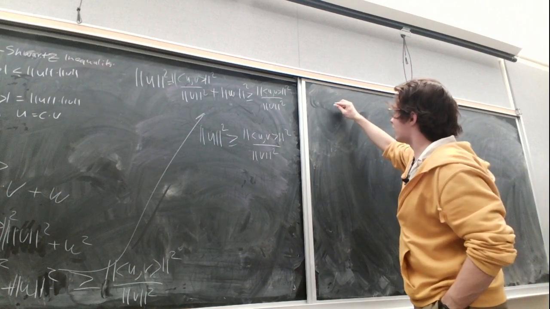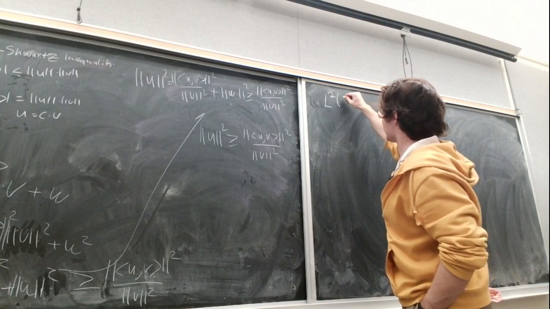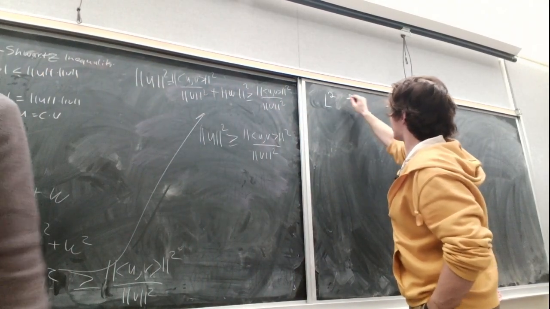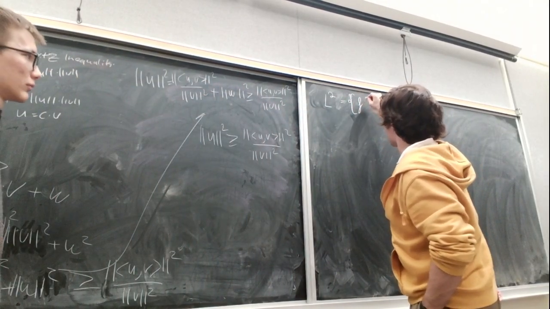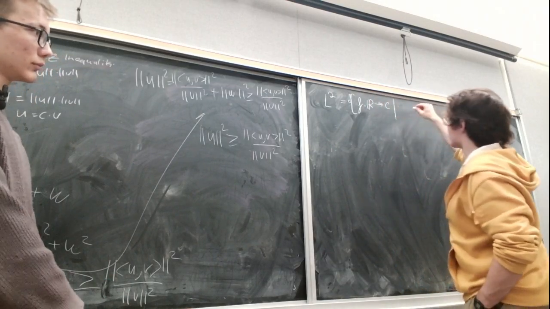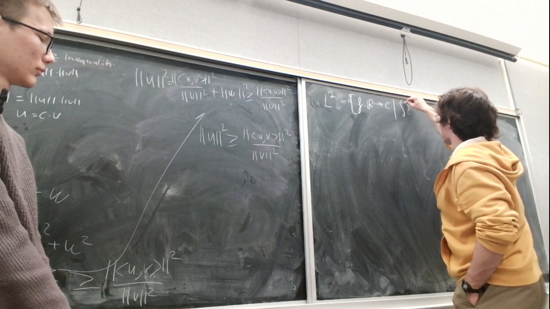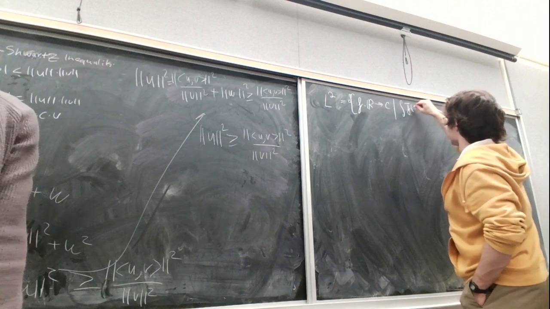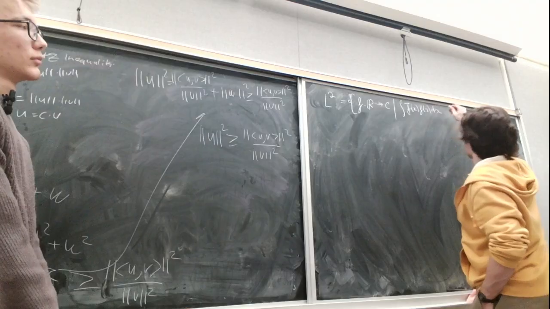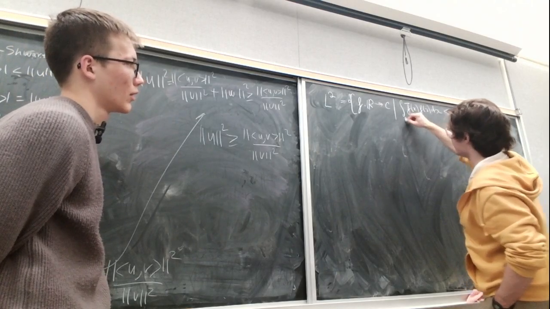if you have this L2 space, big L2 on, say, the real line. Well, actually, it's all functions from the real line into the complex numbers, such that the integral of the norm squared of f(x) dx is finite over the whole real line.